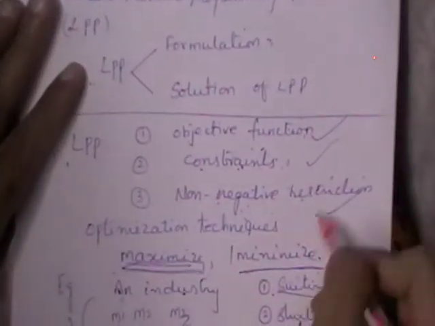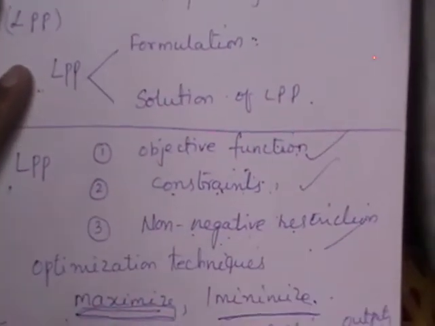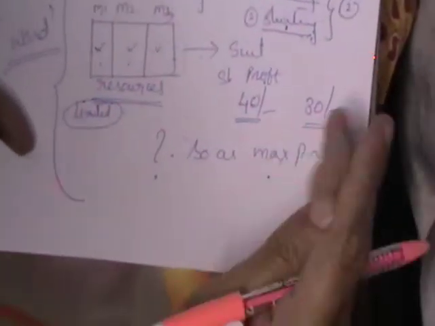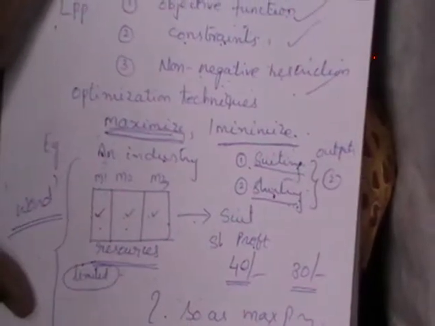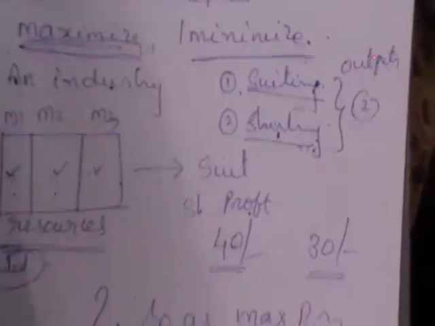After formulating this, you are going to find the solution. What do you mean by solution? It answers the question of how many: 400 suitings should be produced, 300 shirtings should be produced. You should get quantitative numbers for each of these products, which gives the solution of the LPP.